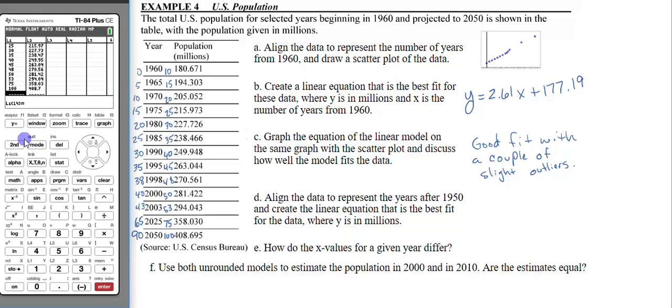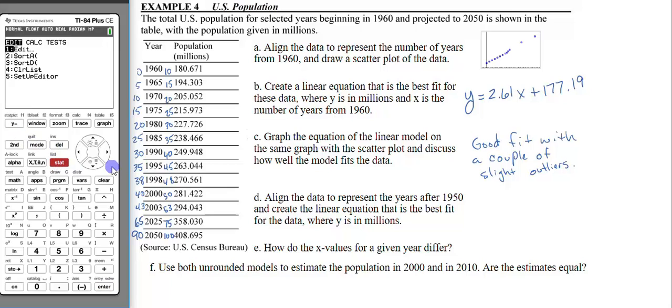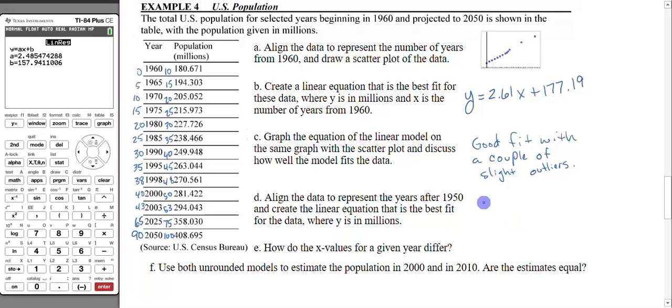Okay, and then we'll make our linear equation. So we're going to go stat, calculate a linear regression, same list, list 1 and list 2, but let's not store this one in y1. Let's store it in y2 so we do not lose our previous equation. So there we are.